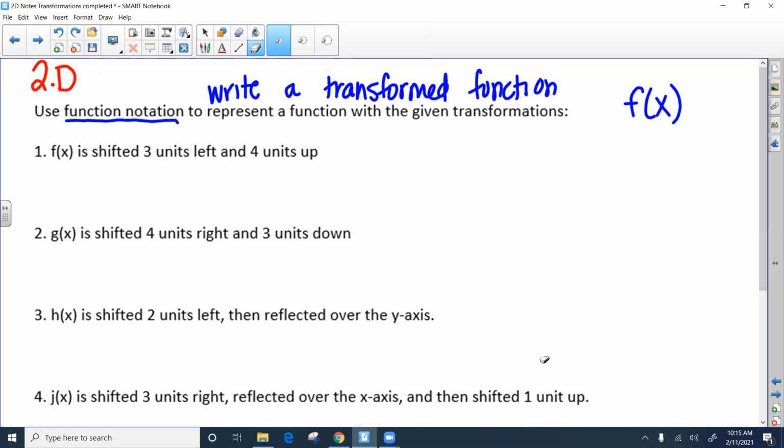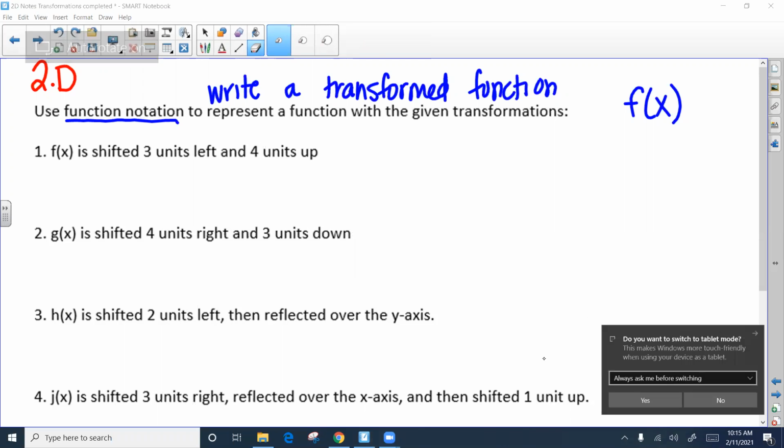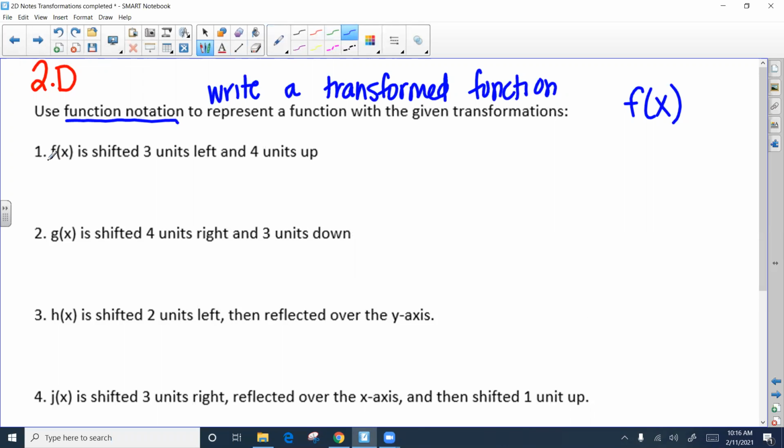So number one says f of x is shifted 3 units left and 4 units up. So what we want to do here is write the transformed function. So f of x is our original, and we want to write a transformed function that's shifted 3 units left. So when something is shifted to the left, I know it's going to be affecting the x-axis, so it's going to be on the inside.